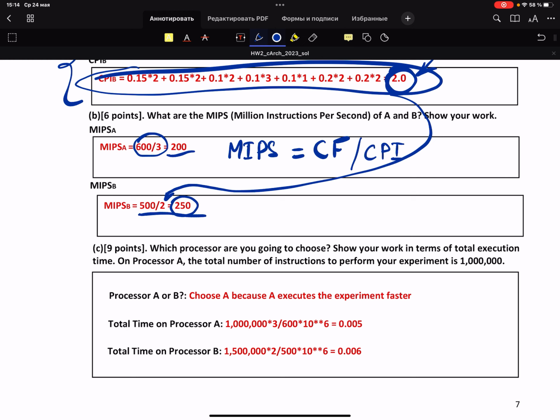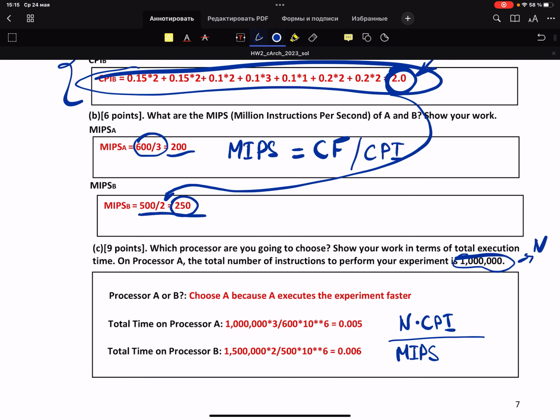So finally you have to find out the total time spent on processors A and B, and choose which processor you're going to use, based on the trade-offs. Your trade-off is nothing but the time. So you have to calculate the total time on the processor. You will be given the total number of instructions, so let's say it's n. You multiply this n by SPI, and then you divide by the MIPS.